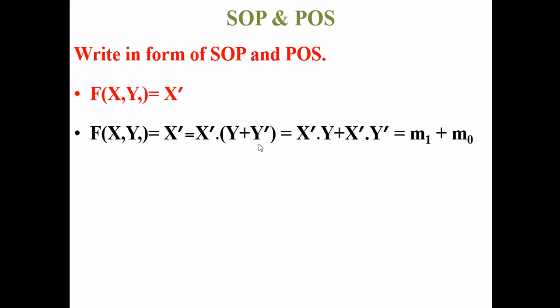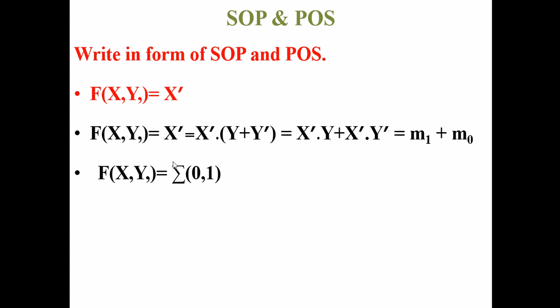As you know, y plus y complement is equal to 1, so you will place y plus y complement with a multiplication operator. So two terms you can derive from here: x complement y plus x complement y complement. Now you can see from the table that x complement y complement represents m0, and x complement dot y represents m1.